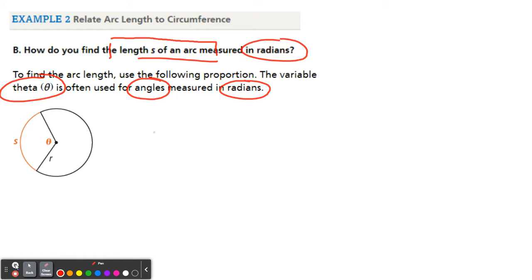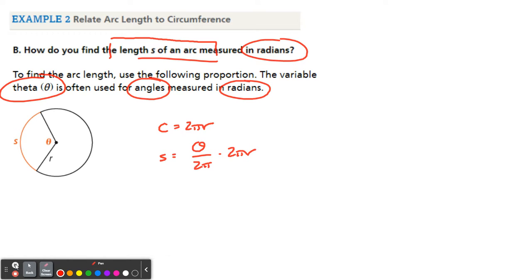So we know that the circumference is 2 pi r. So to find the arc length, right, I'm going to take my angle theta, I'm going to divide it by 2 pi, which is 360, right, but in radian form, right? So this is still the fraction of the circle, and then I'm going to multiply that by the circumference, which is 2 pi r.